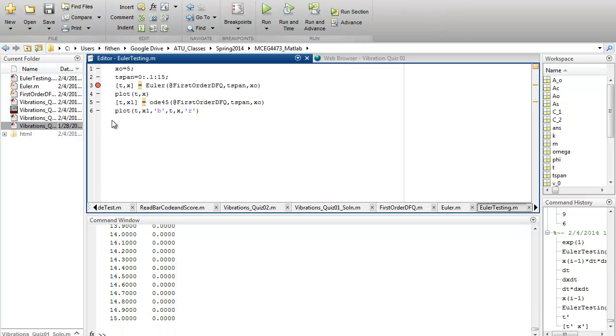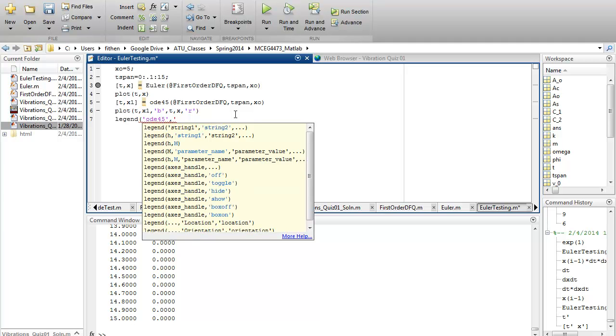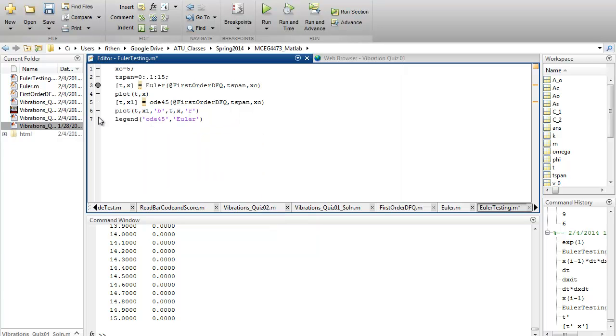Save it. The first one would be ODE45. The second one would be Euler. I'll put a breakpoint right there just so I can save it.